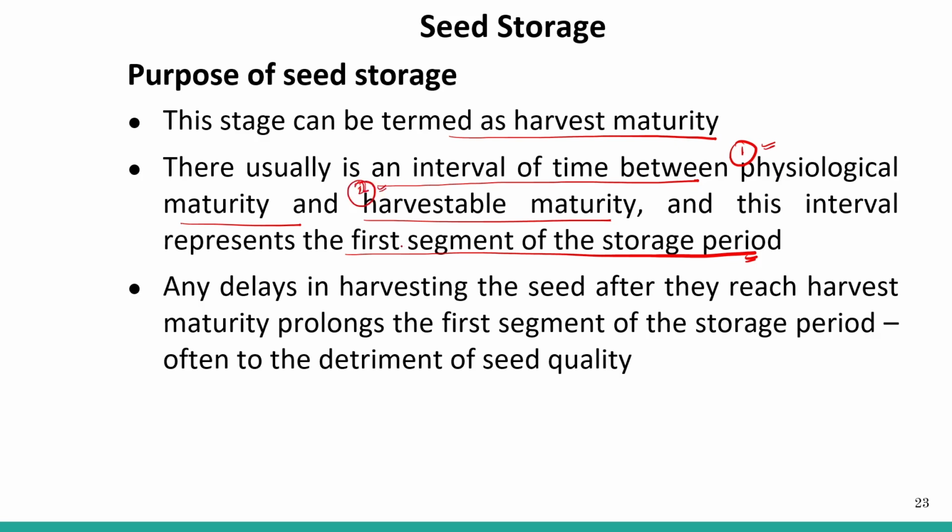In between these two, there is a first segment of the storage period, meaning this is the time that we can store the seeds. Any delay in harvesting the seeds after they reach harvest maturity prolongs the first segment of the storage period and can affect the seed quality. So the harvesting must be done at a proper time.